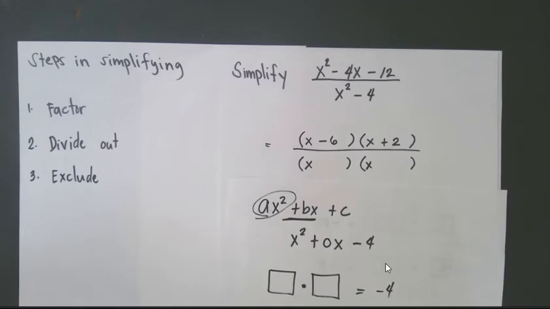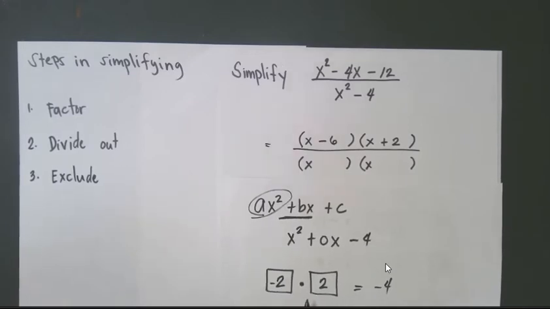But if you add them, you'll get the middle, which is 0. So basically, since that's 0, you will have the same factor here, which is 2 and 2. Now 2 times 2 will give us a positive 4, so one should be negative. So we'll have a negative 2 and positive 2.